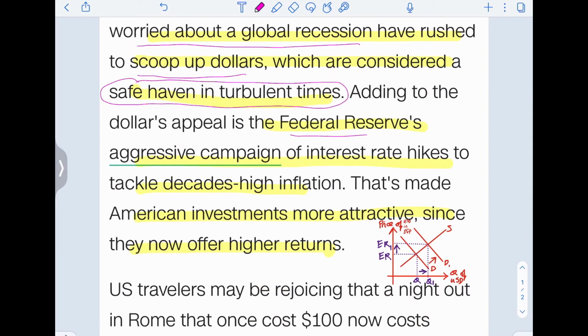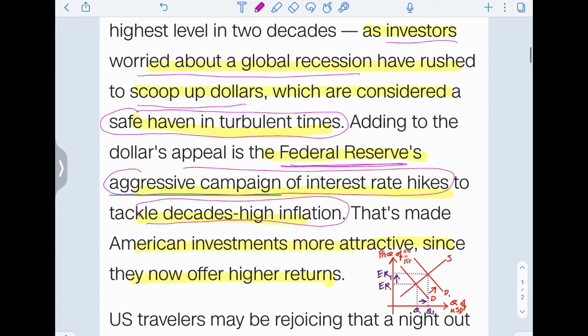The Federal Reserve, which is the central bank of the United States of America, on top of that, has an aggressive campaign of raising interest rates to try to curb high inflation in the United States. So both the Federal Reserve's raising of interest rates as well as global investors worrying about a global recession are making American investments more attractive because they now offer high returns.